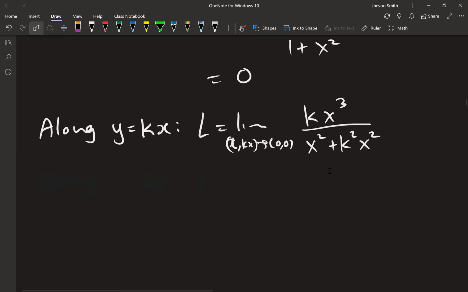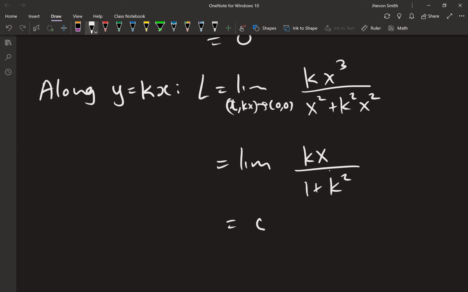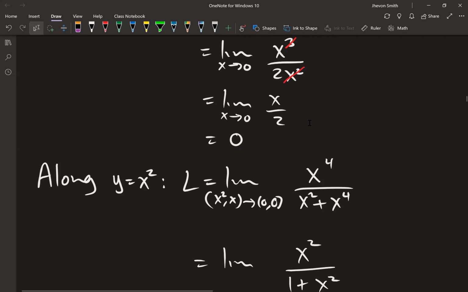Sometimes the limit gives you some function of k, in which case for different k values you might get a different value. So what is this going to look like? Again, we can cancel the x squares. That'll give me kx over 1 plus k squared, and that's equal to 0. So that didn't work. Y to the half equals x, meaning x equals radical y.